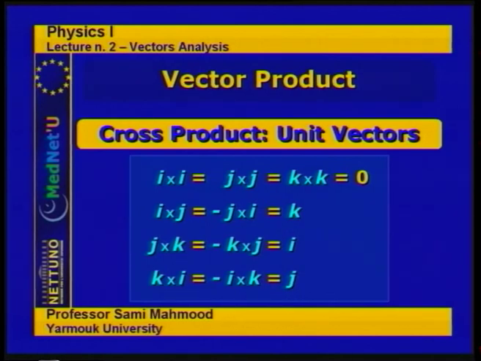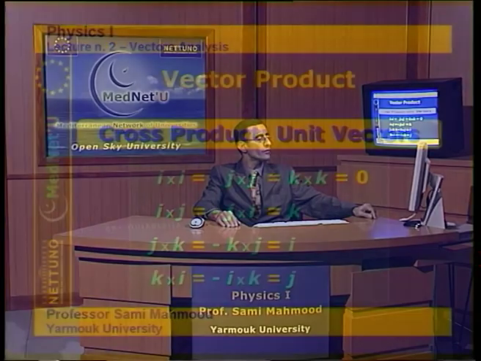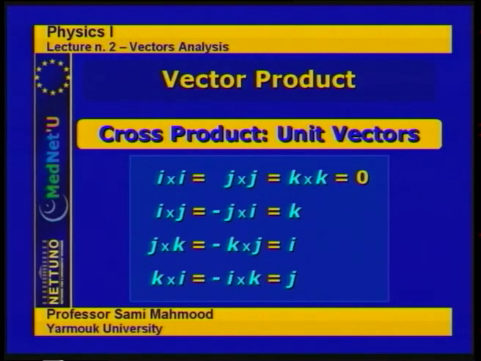What is the direction of this cross product, I cross J? The direction is determined by the right-hand rule, and it is found by applying the right-hand rule to this cross product. It's found to be in the direction of K, in the direction of Z. So I cross J equals K, magnitude 1 and direction Z, which is perpendicular to the XY plane where I and J lie.